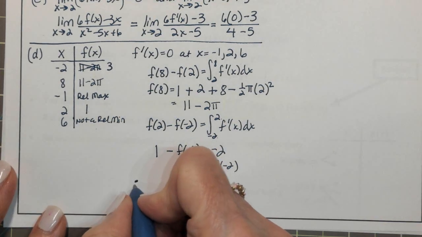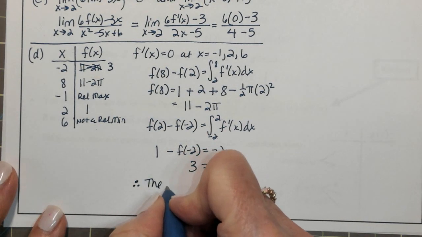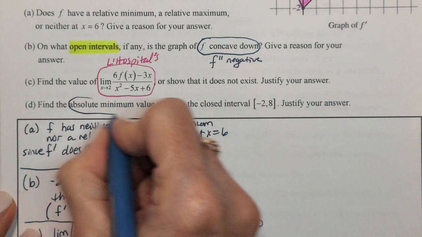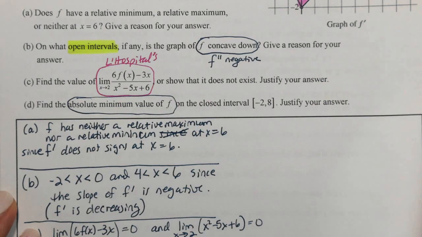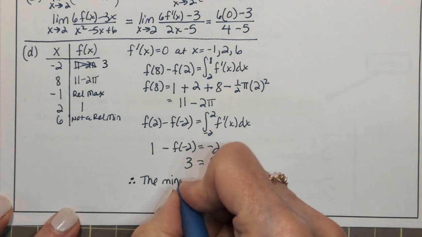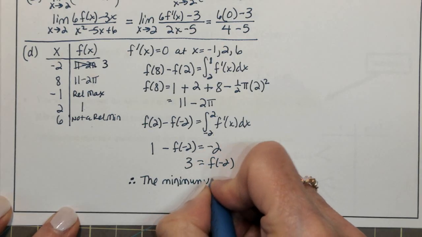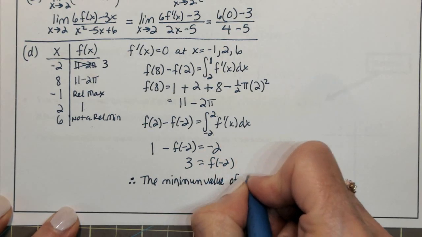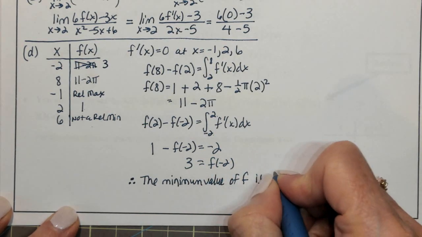So the minimum, they're asking for the minimum value of f, not the x value, the value of f. The minimum value of f is 1.